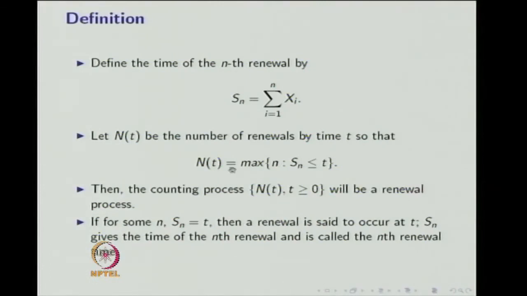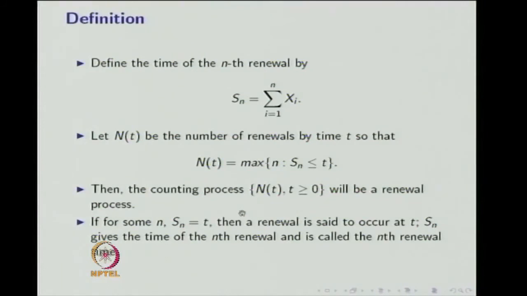One can relate N(t) with Sn with this formula. N(t) is counting how many renewals take place till time t. Therefore, this is a counting process, and this counting process will be a renewal process.